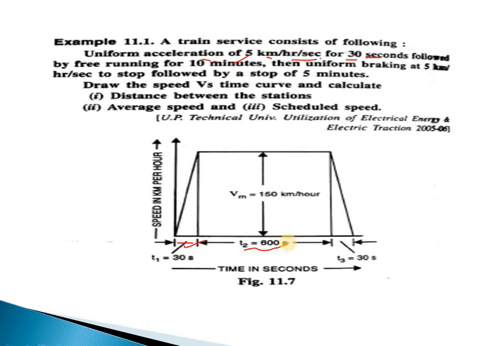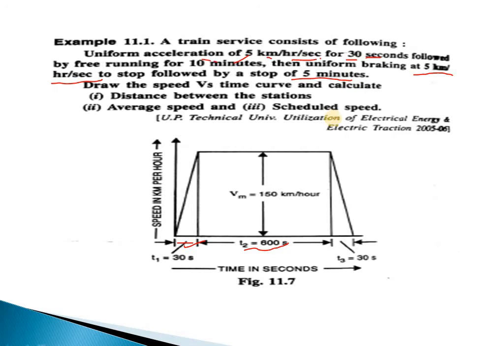Then uniform braking at 5 km per hour per second to stop, followed by a stop of 5 minutes. That means the stopping time is 5 minutes, that is also given.